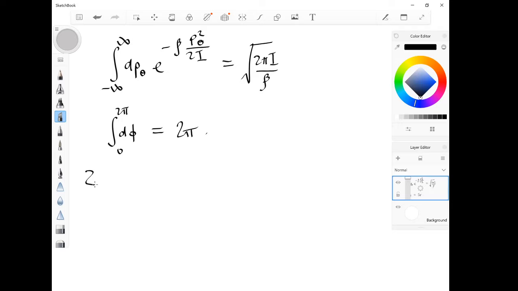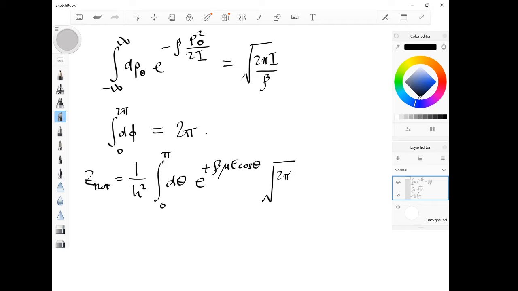So we've got Z rotational is going to equal 1 on h squared, and we still have one more thing to integrate over. We've got d theta, 0 to pi. We have e to the minus or plus beta mu E cos theta. We have square root of 2 pi I on beta.